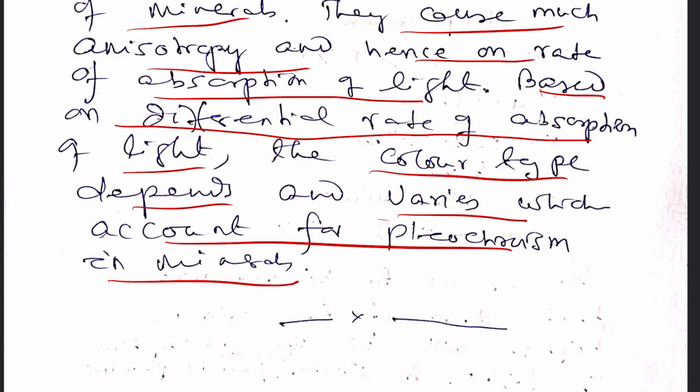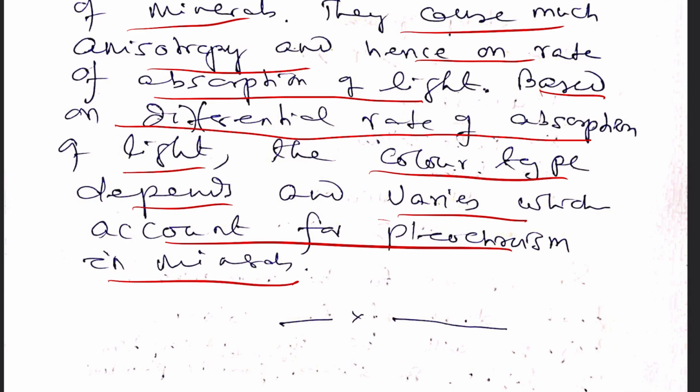This occurs due to differential rate of absorption of light in different directions, and this differential absorption is controlled by different atomic distribution or different manner of atomic arrangement, as a result of which it leads to a change in color either in quality or in quantity or in both.